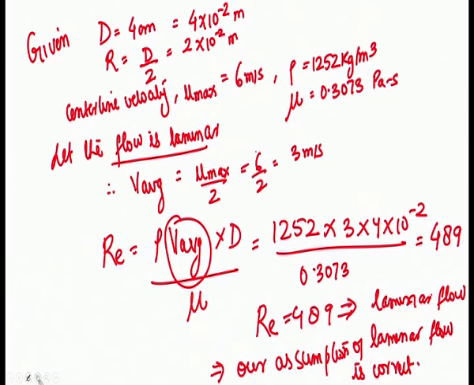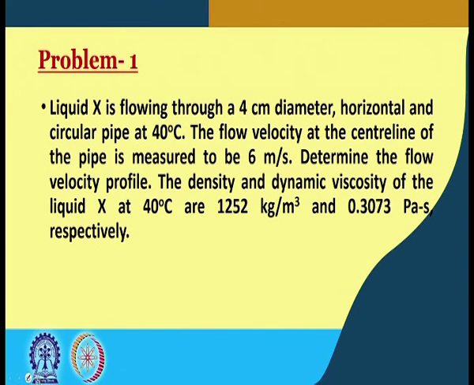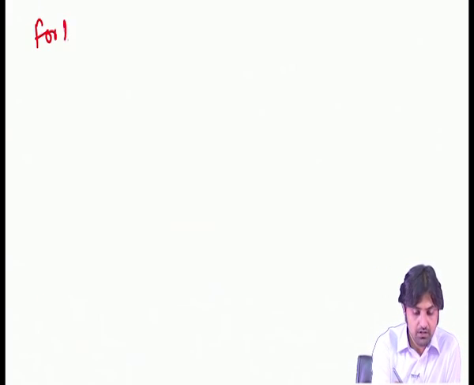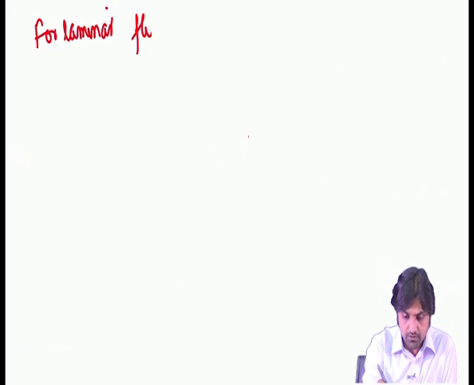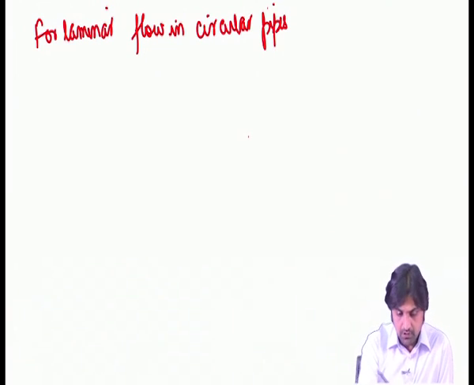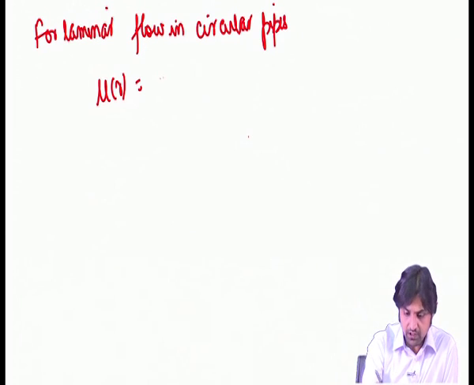So we will go to another page. We will go to the white screen again, okay. So we say for laminar flow in circular pipes, u of r is written as minus R square by 4 mu dp dx into 1 minus r square by R square.